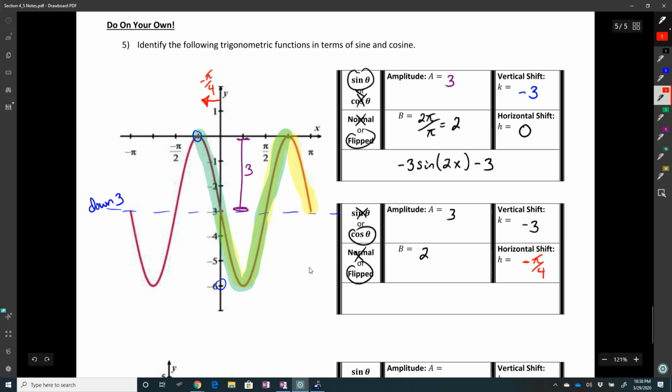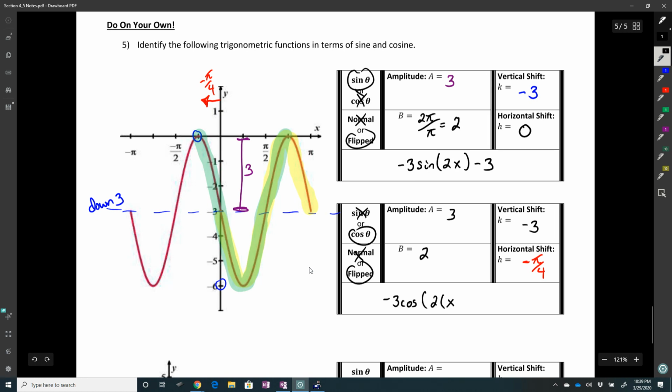Putting that all together, I have flipped cosine. So negative 3 cosine, two parentheses, this becomes x plus. So why is it a plus?